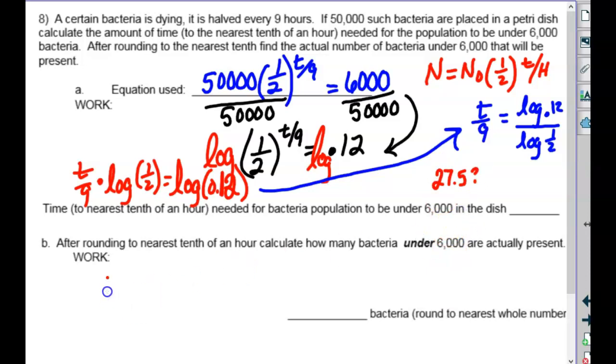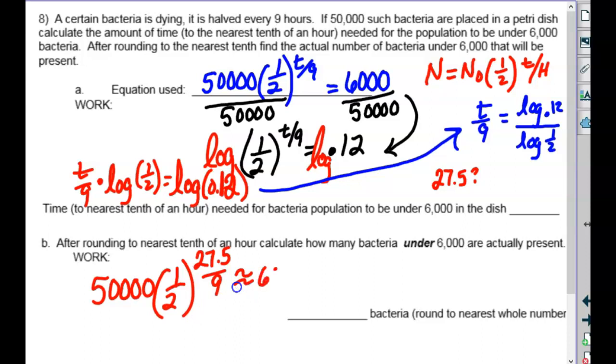If we put it back in, 50,000 times 1/2 to the 27.5 over 9, because it said round to the tenth. I got 614 roughly. 6,014, yes.